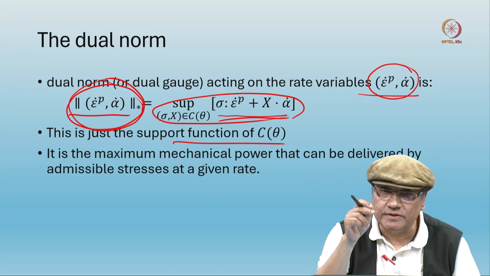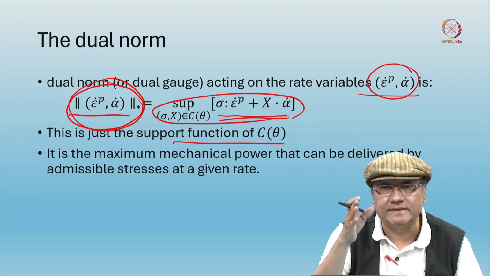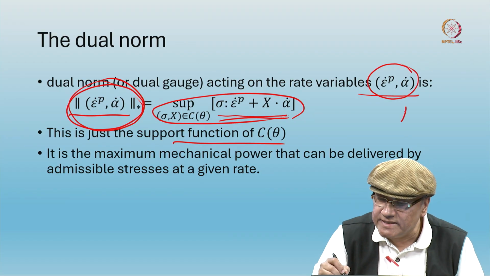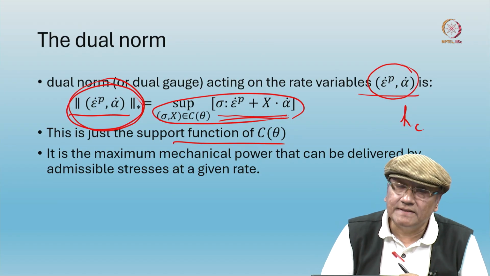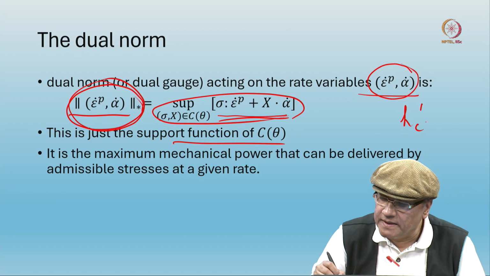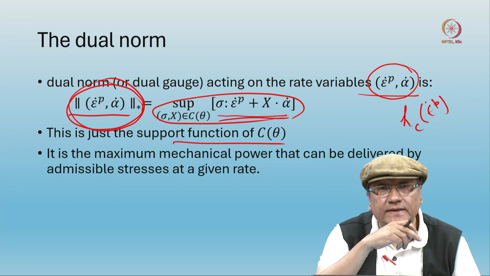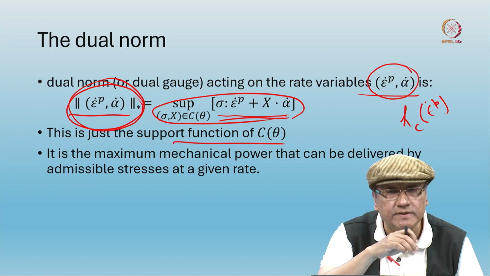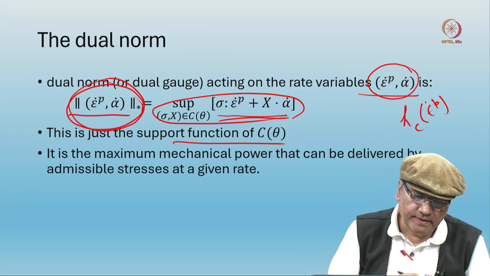So, if you do not, please go back to our definition of support functional, which we called HC or something, the support functional of the set C, as a function of epsilon p dot, right. Please go back to that lecture and refresh your memory, because this is very useful. You will not be able to relate it otherwise, okay.